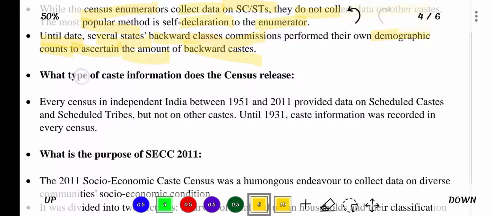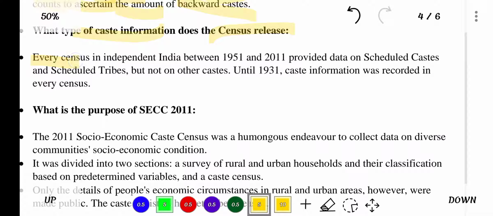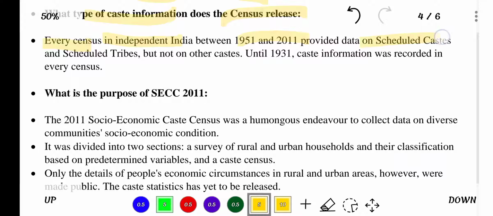What type of caste information does the census release? Every census is independent. India between 1951 and 2011 provided data on scheduled castes and scheduled tribes, but not on other castes. Until 1931, caste information was recorded in every census.